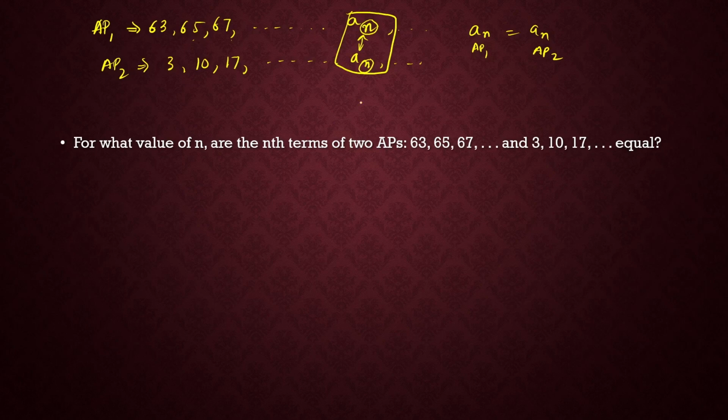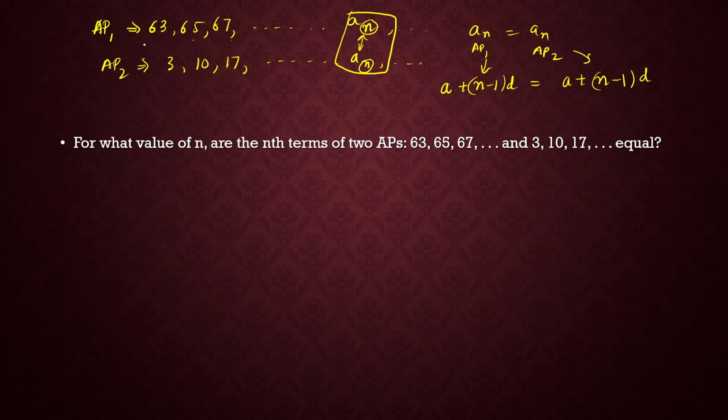Yes. So here, what's the value of an? I can write it as a plus (n minus 1) into d is equal to, for the second AP also, a plus (n minus 1) into d. This is for the first AP and for the second AP, do not forget that.